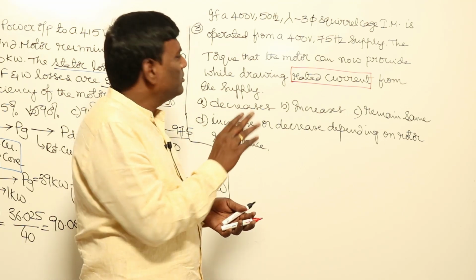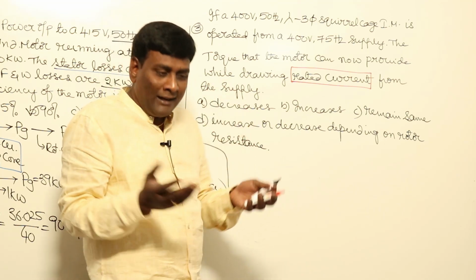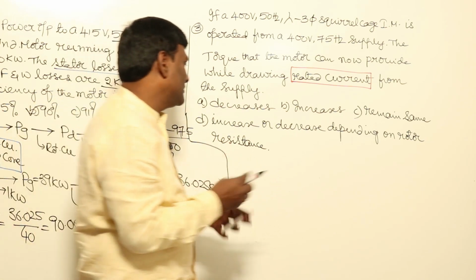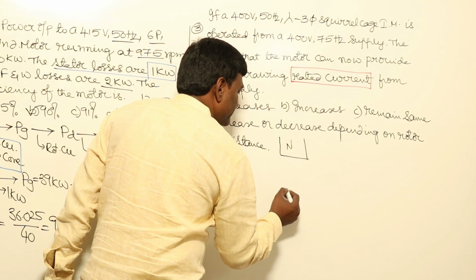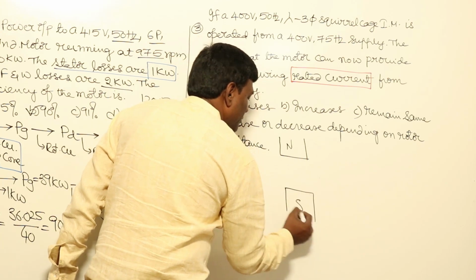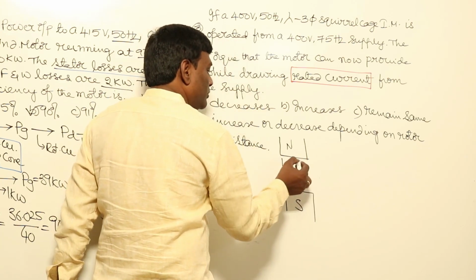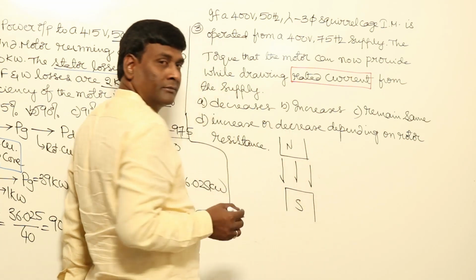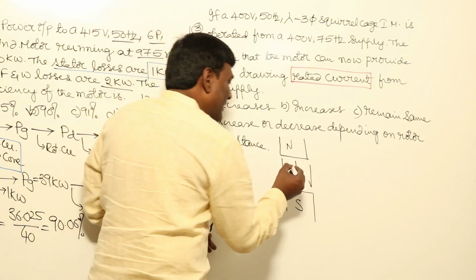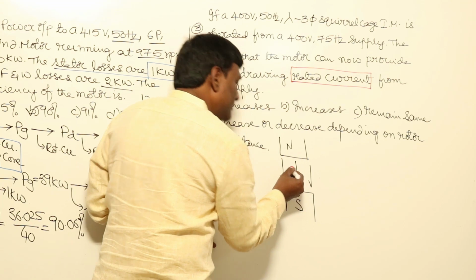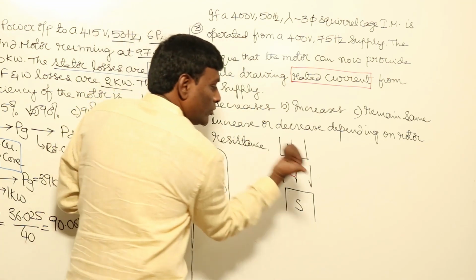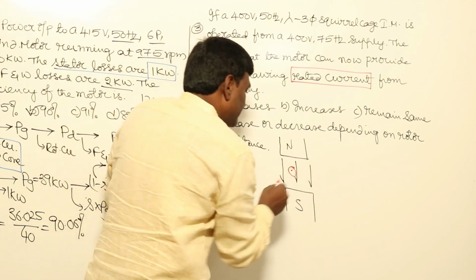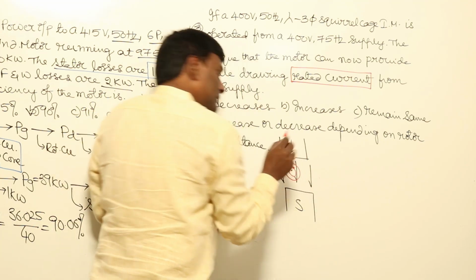Now before that, forget about the induction motor and all, let us think of the normal basics. For example, if I have an N pole here and an S pole here, the operating flux is going to be in this direction. Now if I keep a current carrying conductor here, a dot current carrying conductor, my flux will be in this direction.